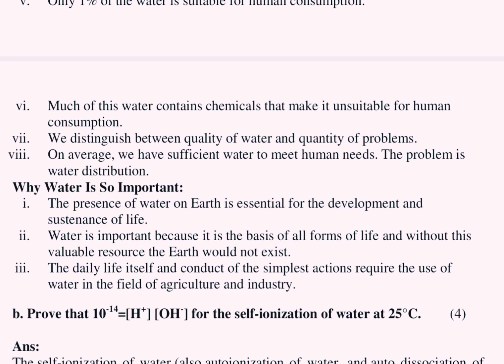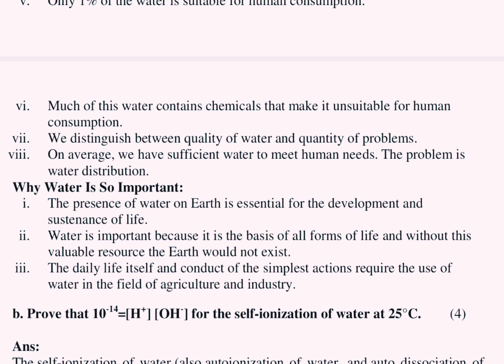And then we have why it is important. It is important because for the sustainment of life on earth, it's a basic thing. If water is finished, your earth becomes so hot that life can't exist on it. And this is how it is important.